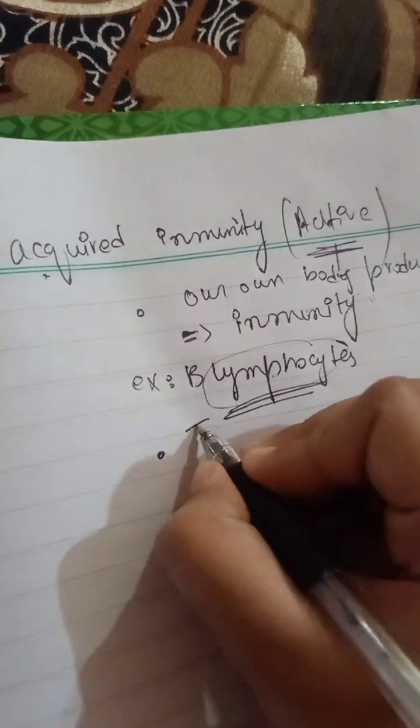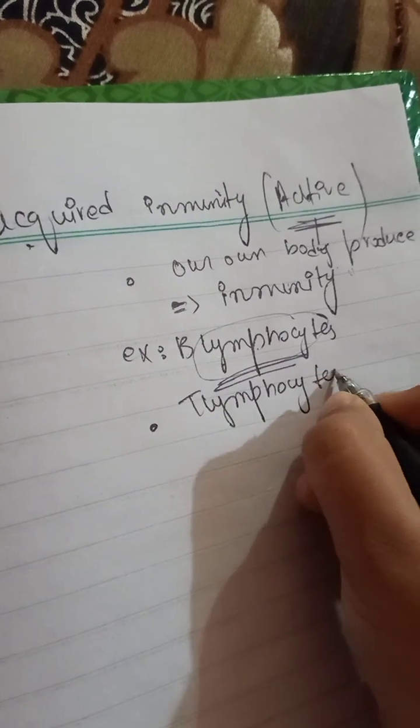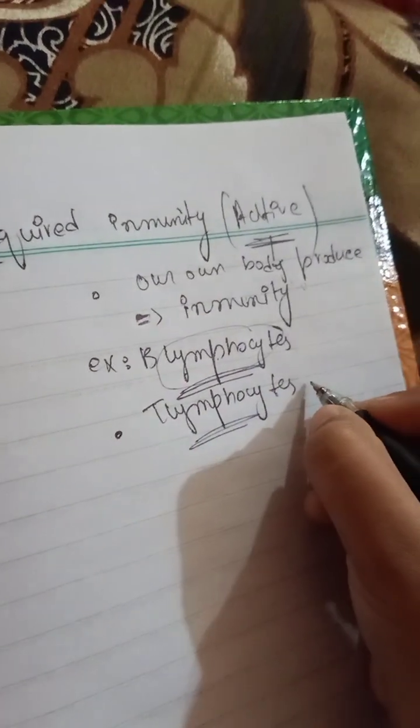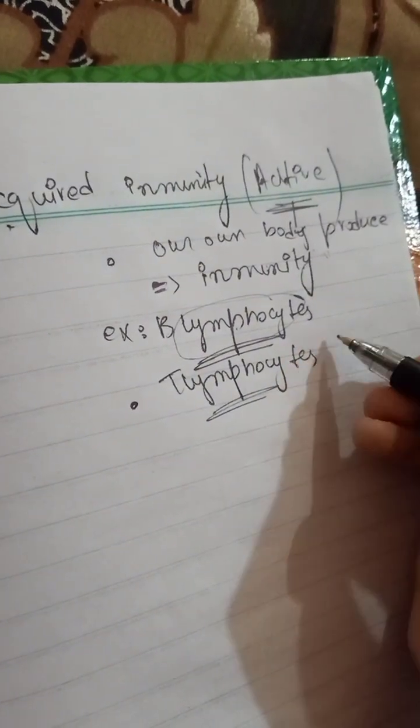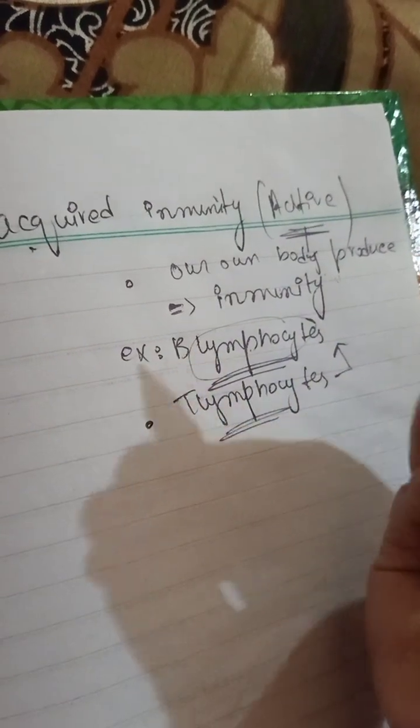The next example is the T lymphocytes. They check if there is any kind of pathogen, and they give a message to the B lymphocytes to produce antibodies and kill the pathogen.